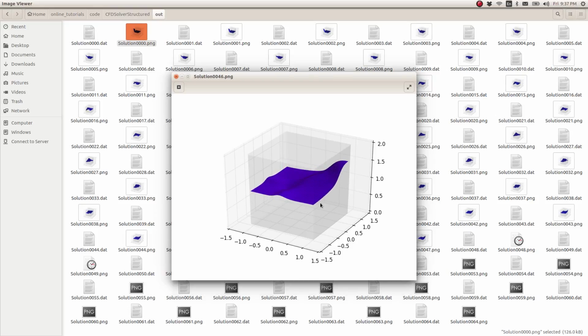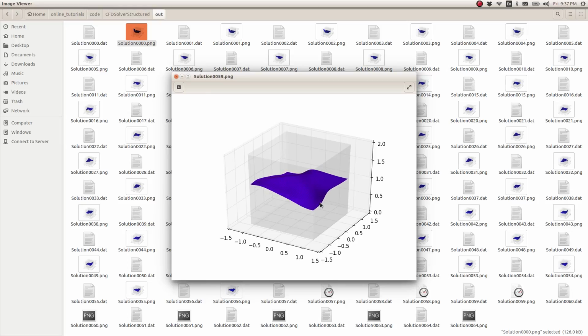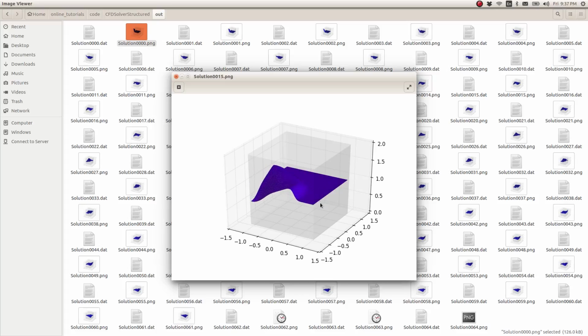It gets reflected and we have these nice patterns being generated. Oh, this is nice. So this looks interesting.